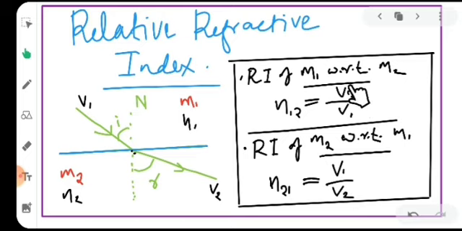As you can see, these can be related reciprocally, since it's V2 over V1 here and V1 over V2 here, and both of these are in fact reciprocals of one another. We know the left hand sides too must be reciprocals, which means N12 will be equal to 1 over N21. We have dealt with that in our previous lecture.